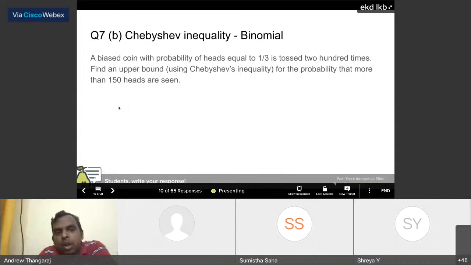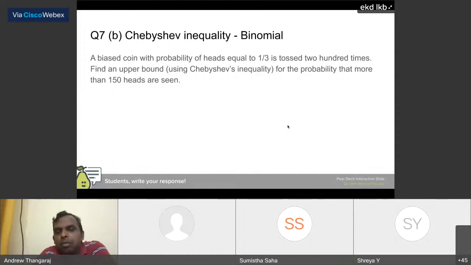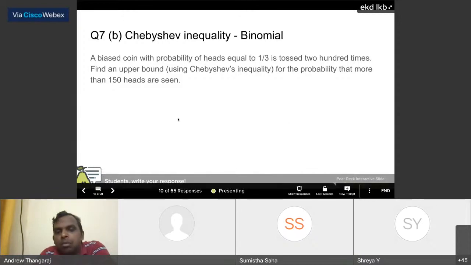Okay, so you have to work your way slowly through that. So you want x greater than 150. You write that as the absolute value of x minus 200 by 3 being greater than what?